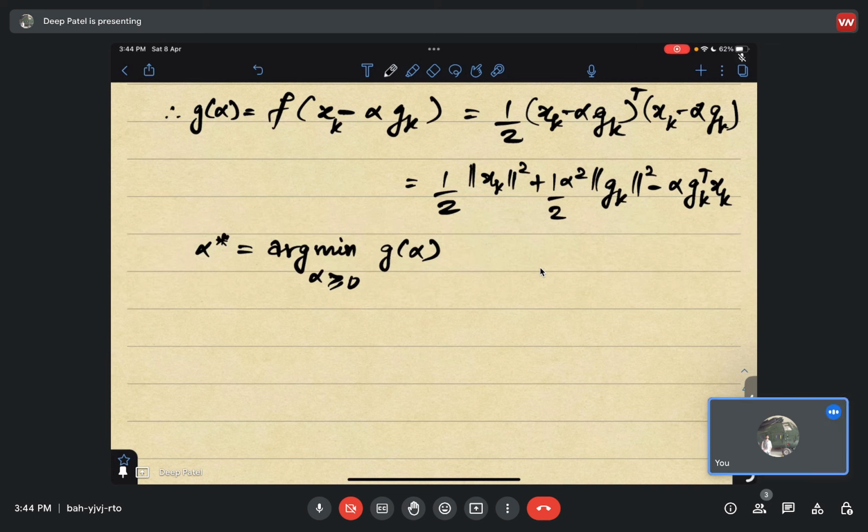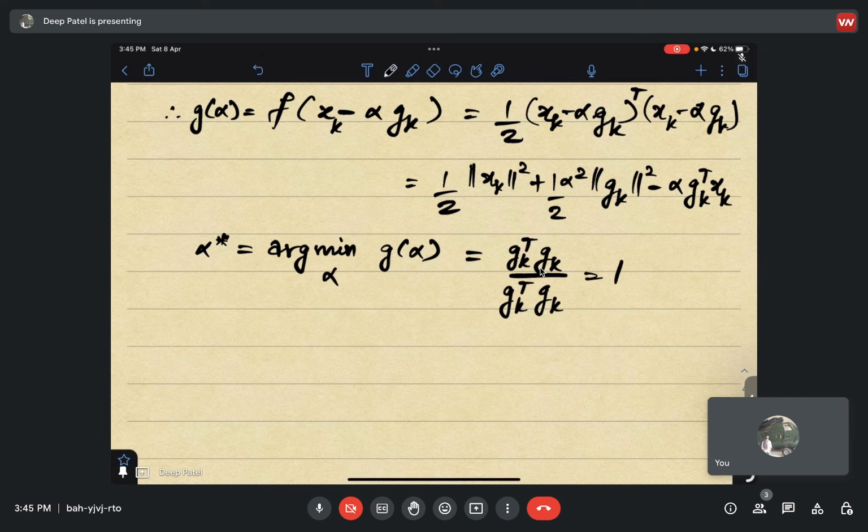This calculation is just a quadratic function. So what you'll end up getting is gk transpose gk by gk transpose gk, which is exactly 1.